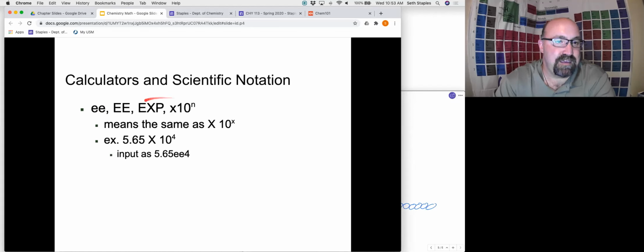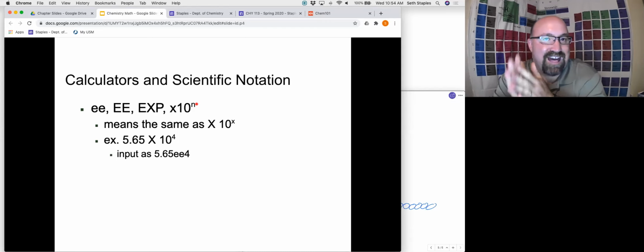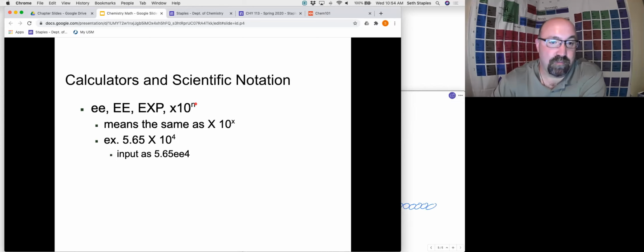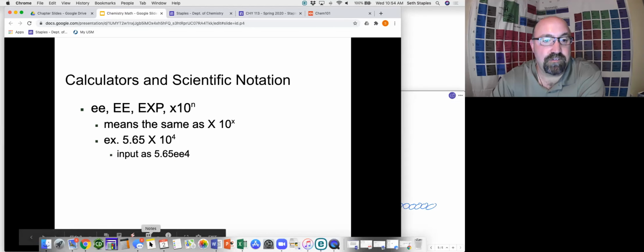Sometimes you see EXP, sometimes you see times 10 to the N. Any of those, when input into the calculator, take the place of the multiplication symbol, 10, and then your little caret for the exponent and whatever your number is after that. And so if I have, in this example, scientific notation of 5.65 times 10 to the 4th, I'm going to put that into a calculator as 5.65 EE4. So let's look at an example here.